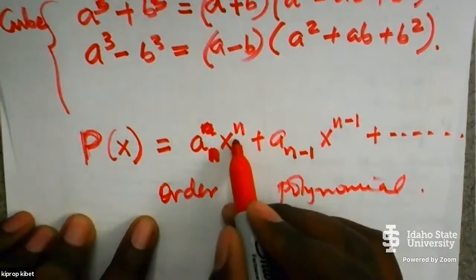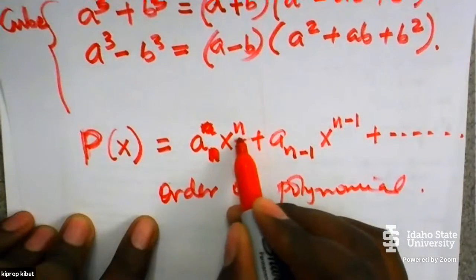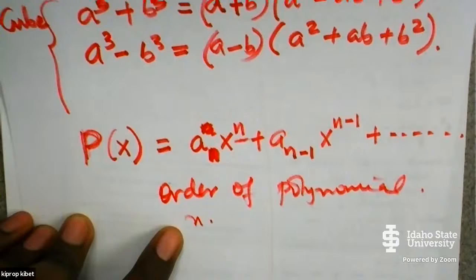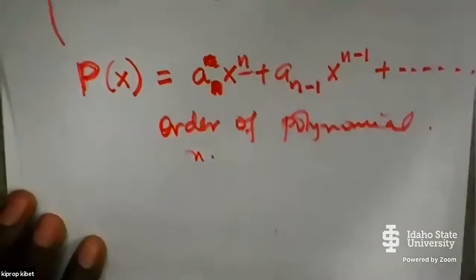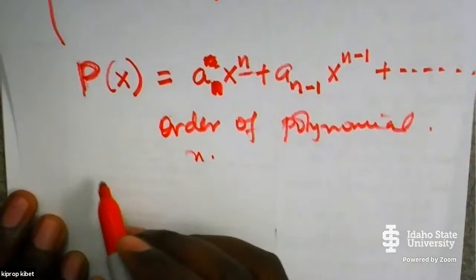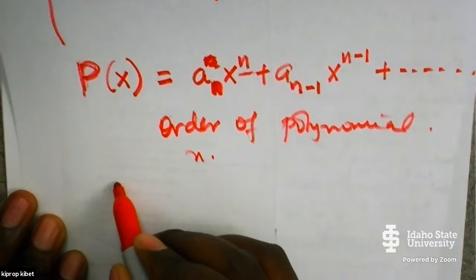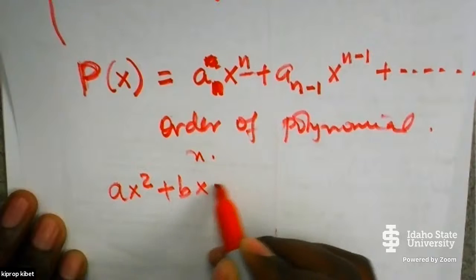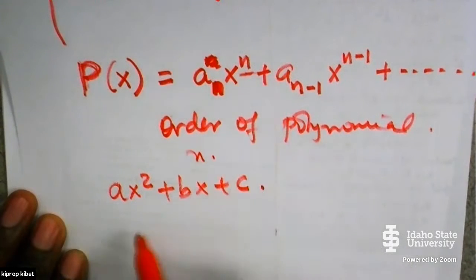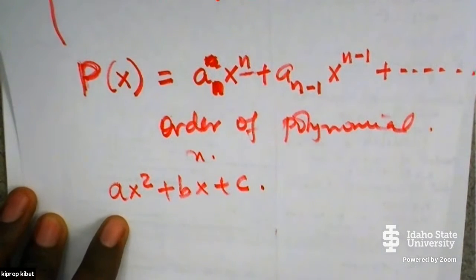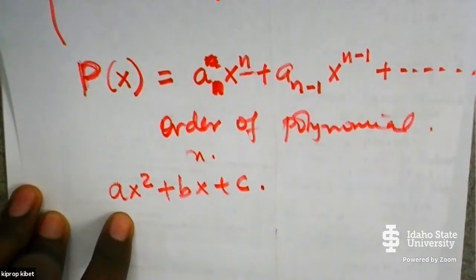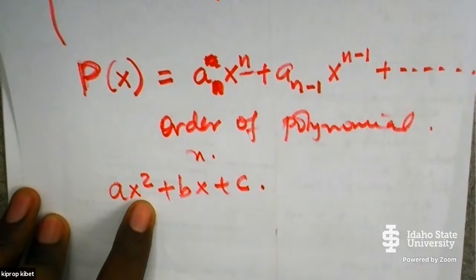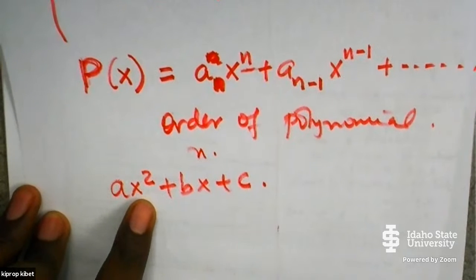In our case, the order of the polynomial here is n. So actually, if you have, let's say, ax squared plus bx plus c, this is a polynomial. This is a polynomial of order 2. The highest power of x there is 2.